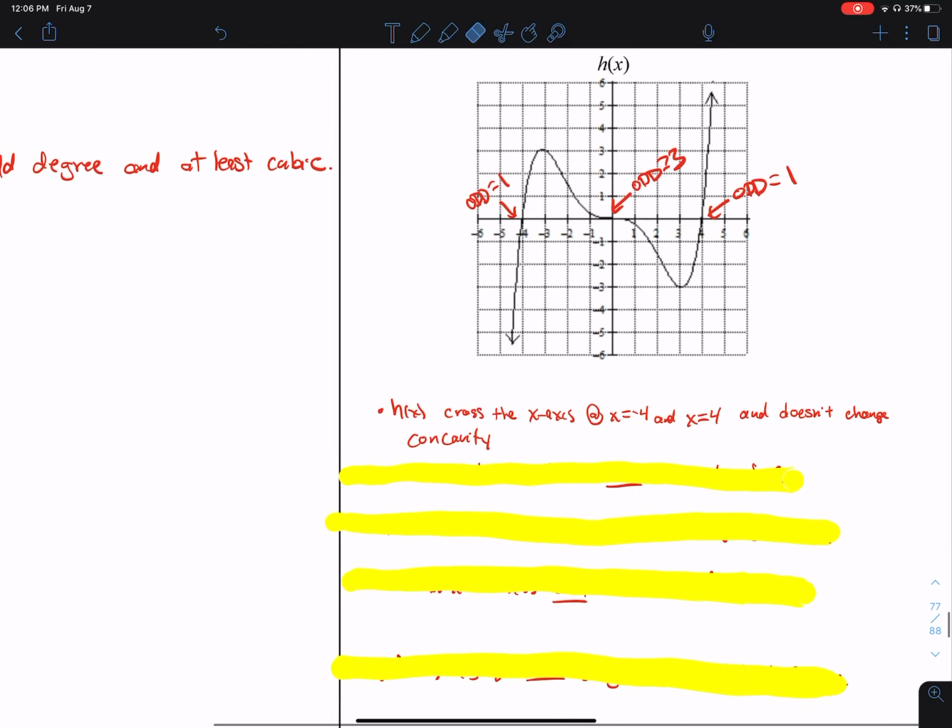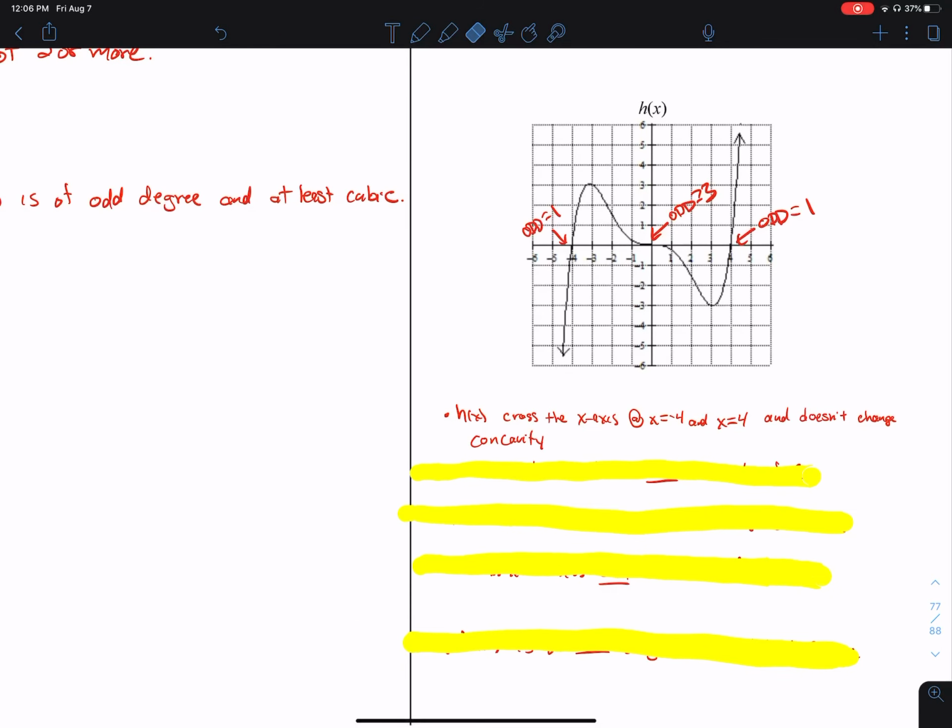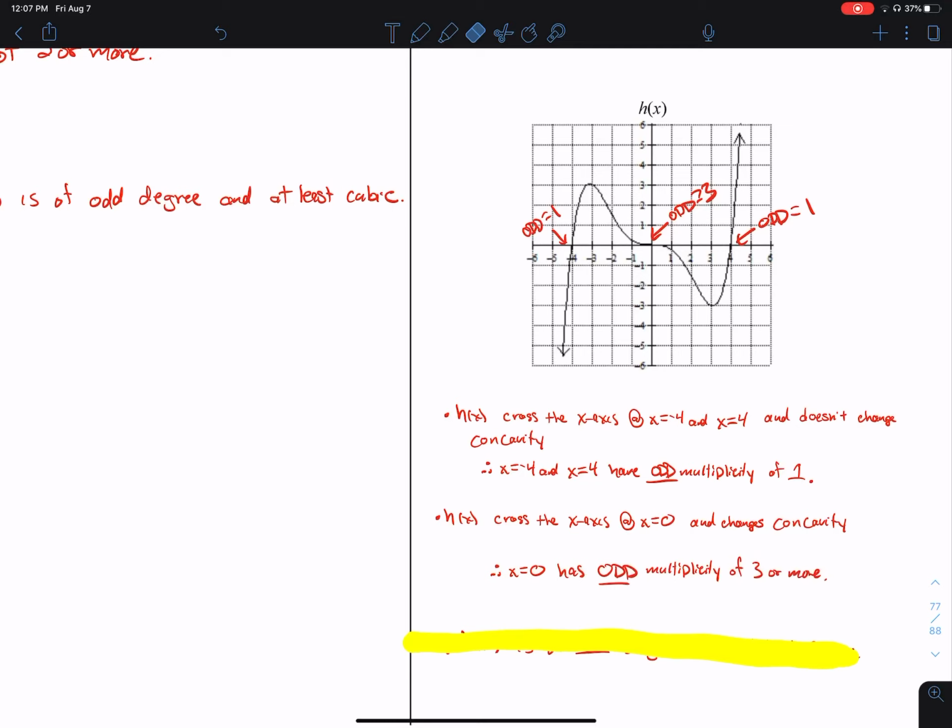Writing this down formally, h of x crosses the x-axis at x equals -4 and x equals 4 and doesn't change concavity. Therefore, x equals -4 and x equals +4 have odd multiplicities of 1. h of x crosses the x-axis at x equals 0 and changes concavity. Therefore, x equals 0 has an odd multiplicity of 3 or more.